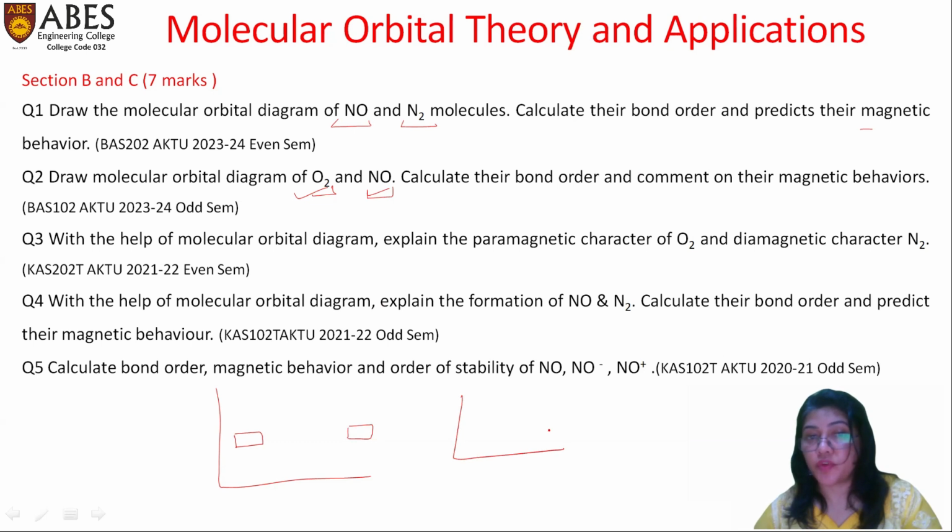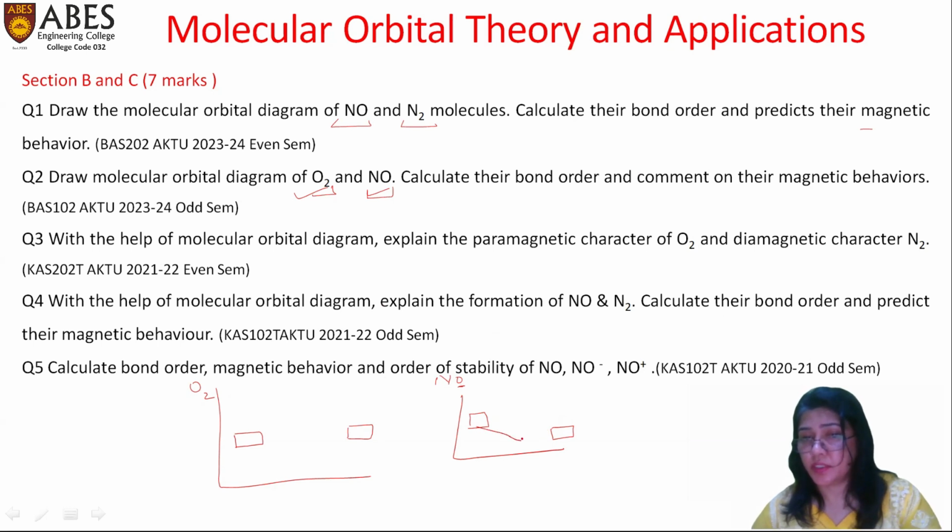But for heterodiatomic molecules, like NO, the more electronegative atom will have a lower energy level compared to the other atom. So the atomic orbital of atom N will be drawn at a higher energy level compared to the oxygen atom.